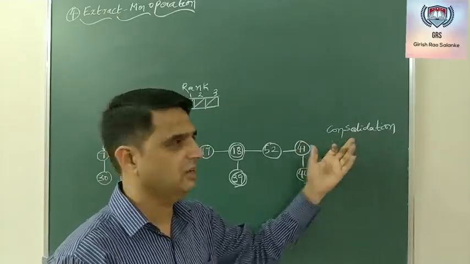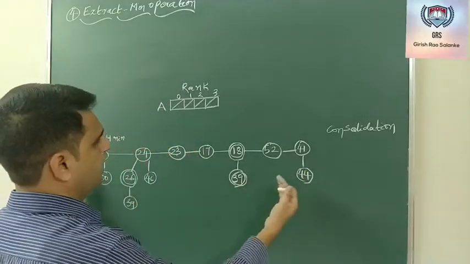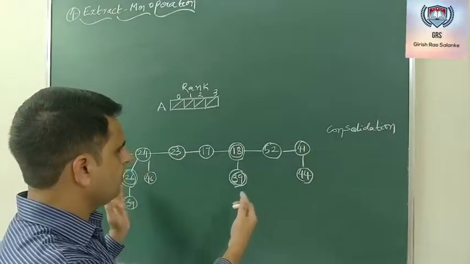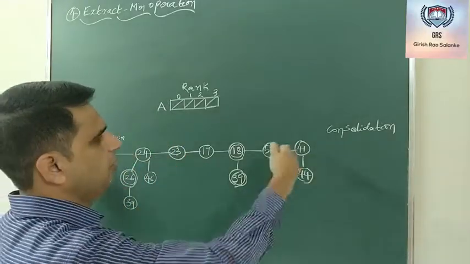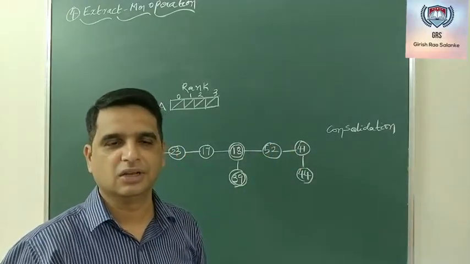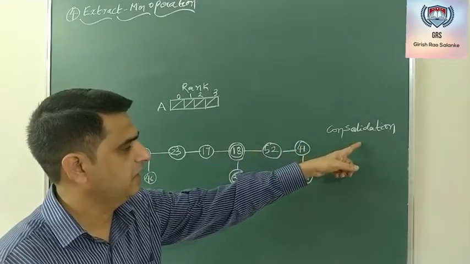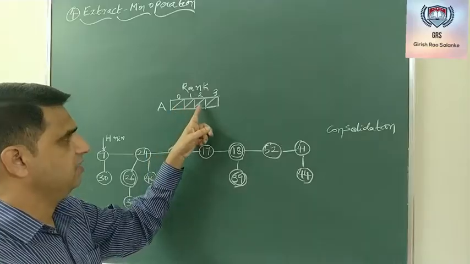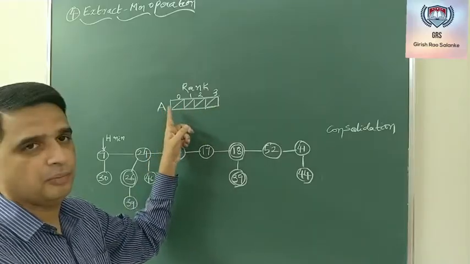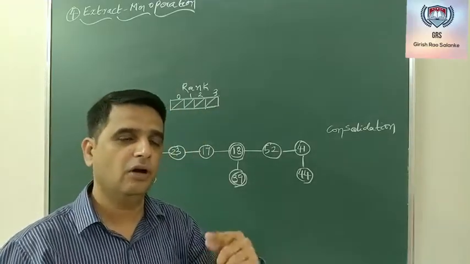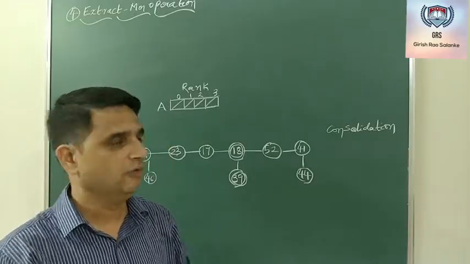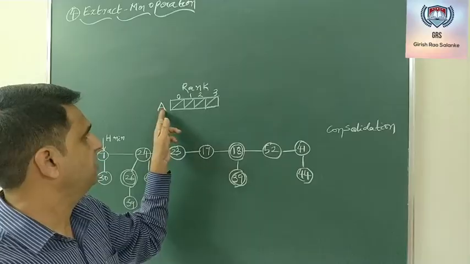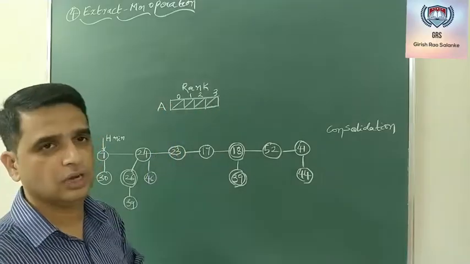In consolidation, we try to come up with a tree with a lesser number of nodes in the root list. So the first step is we declare an array A, initialized with null, and its size depends upon the number of child nodes of the deleted node. The node that got deleted was 3 and it has 3 children, hence the size of A should be from 0 to 3.